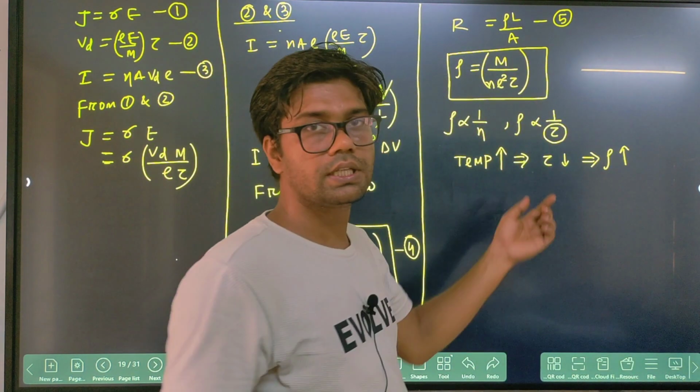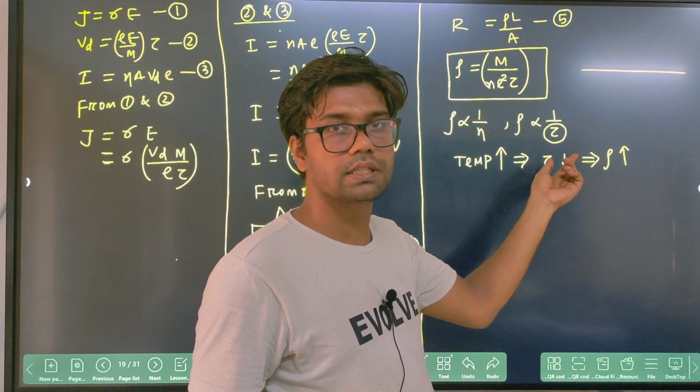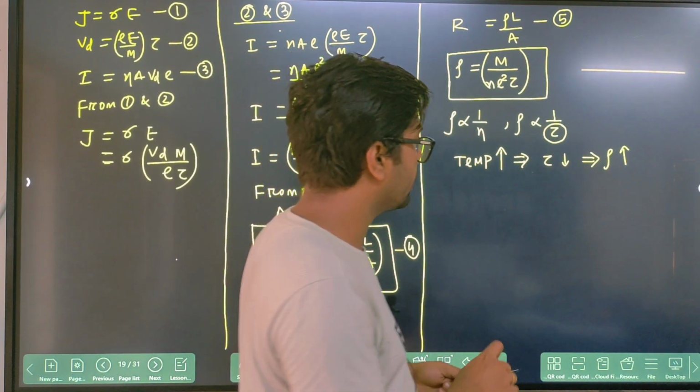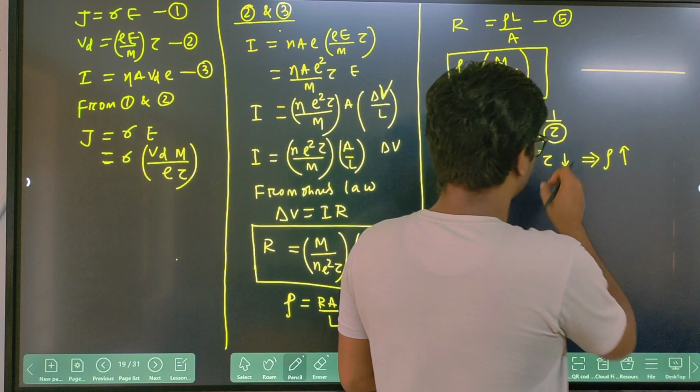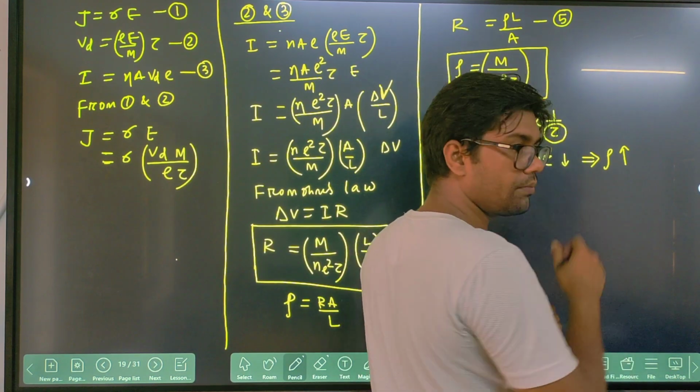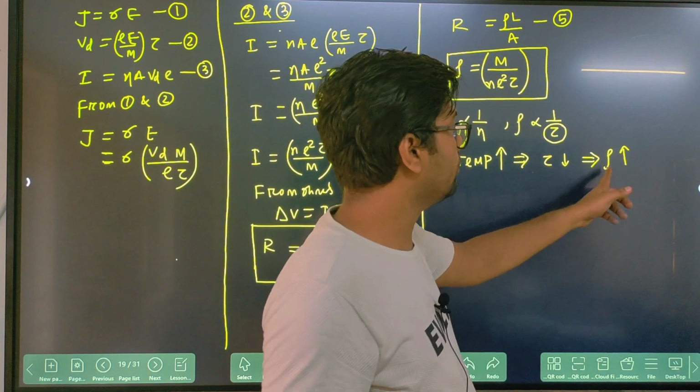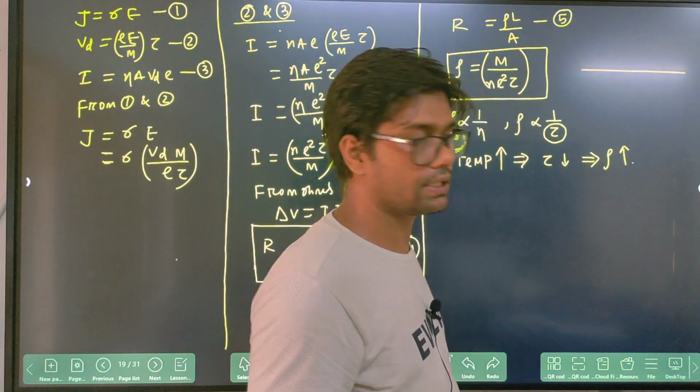This time is in the order of 10 to the power minus 14 seconds, very little time. So due to the decrease in relaxation time, there will be an increase in the resistivity.